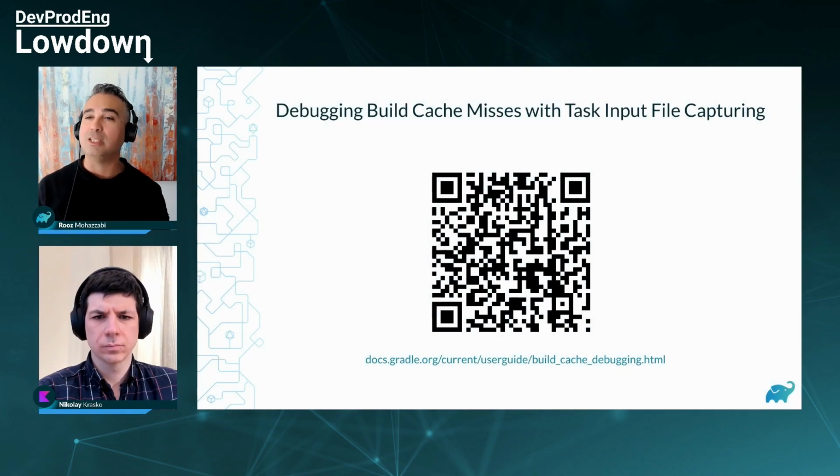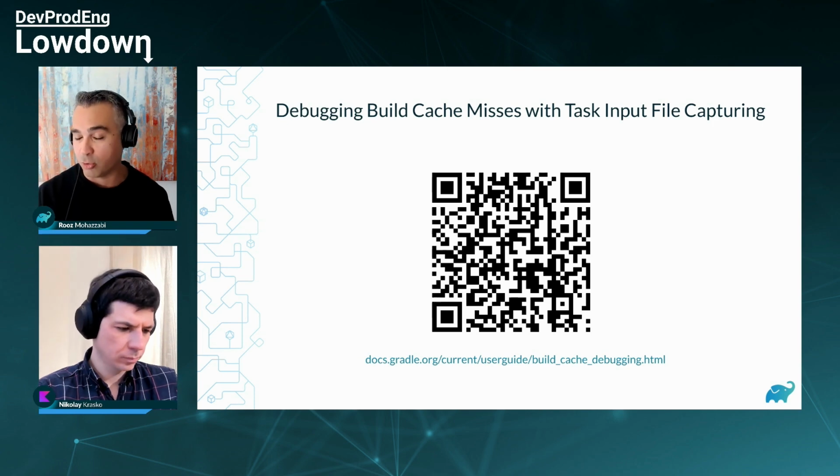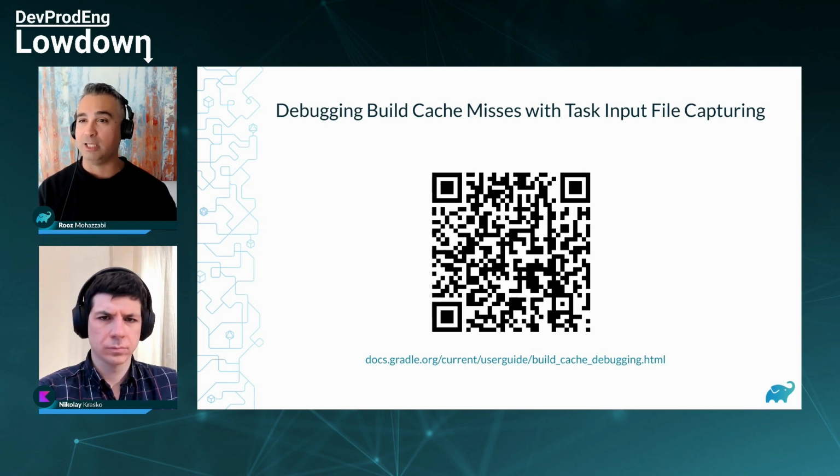We have a nice slide here on task input file capturing, and for folks that want to dig deeper into debugging build cache misses, this is how we do it. The demos are with Gradle Enterprise, but essentially you run a clean build, seed the cache, don't make any changes, turn the build cache on, and run it again, and everything should come from the cache.